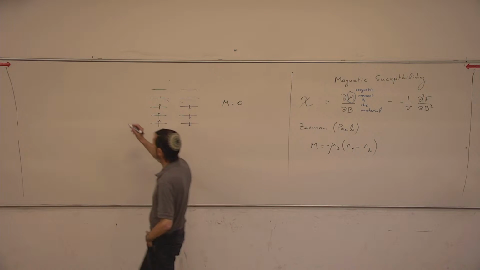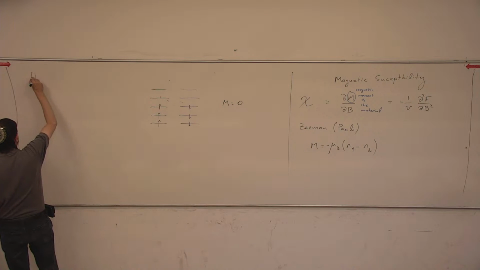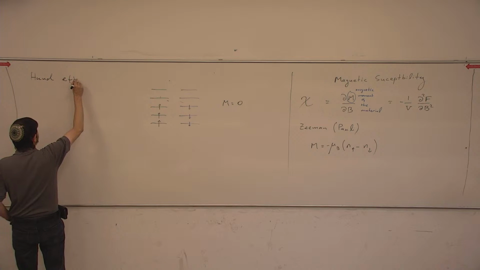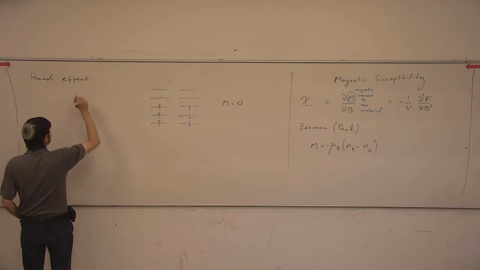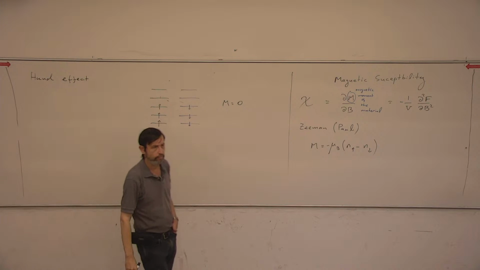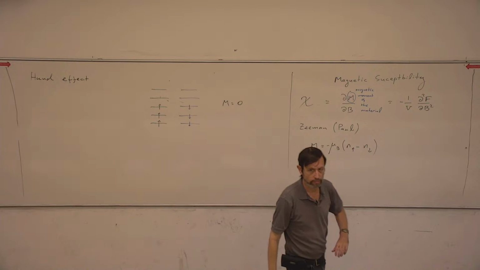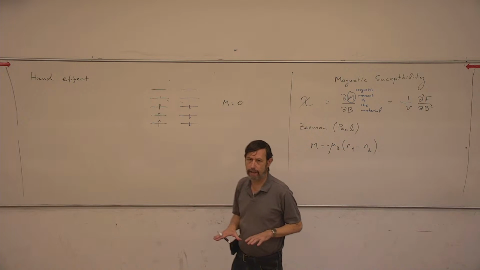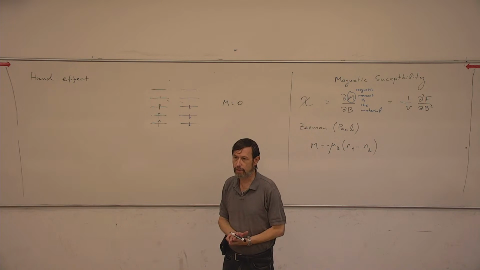So this is a sidebar. Hund effect occurs in atoms where you have several degenerate states.